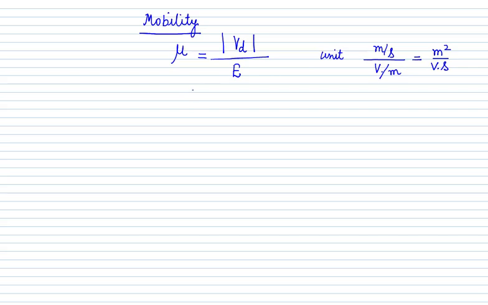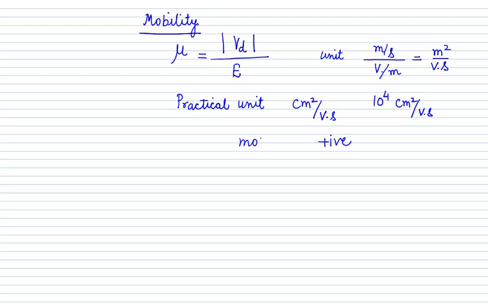So this is the unit of mobility. And the practical unit, because practically this meter is a very large distance to travel, has centimeter in place of meter. So the practical unit is centimeter square upon volt into second, and it is of the order of 10 to the power 4 centimeter square per volt into second. That is the practical value of mobility.